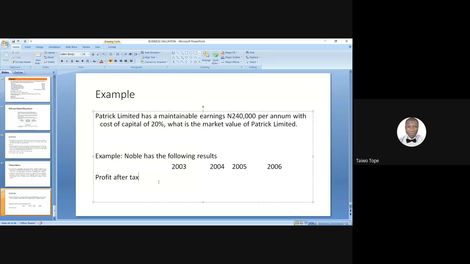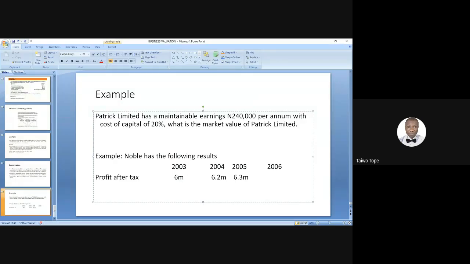For 2003, we have 6 million. For 2004, we have 6.2 million. For 2005, we have 6.3 million.